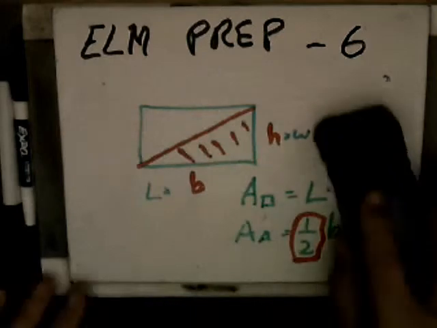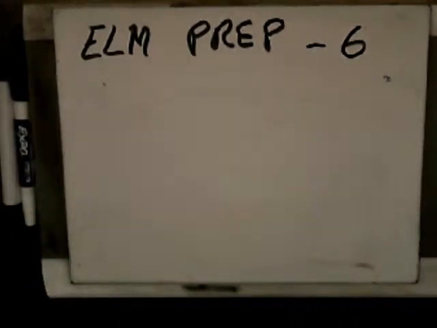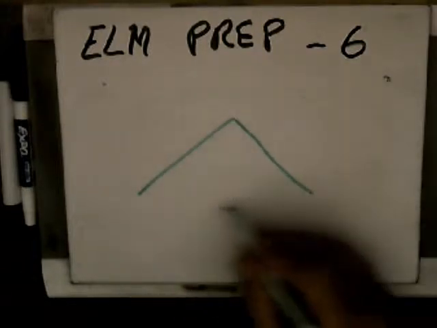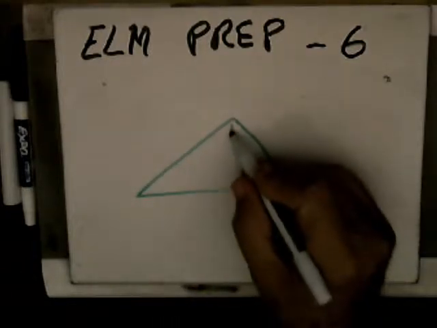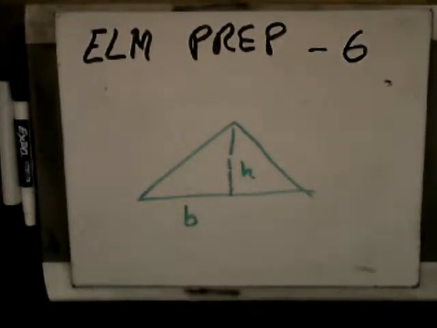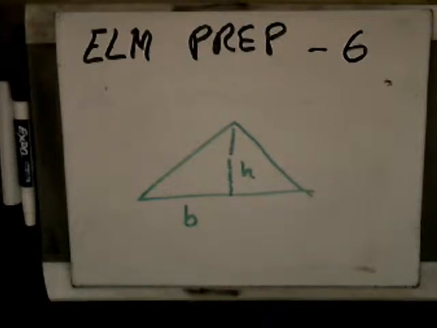If I want you to know the area of a triangle, I have to tell you something about the triangle. In some manner, I have to tell you the height and the base of the triangle. Now this is obviously not a right triangle, or may not be, and it certainly doesn't look to be half of a rectangle.